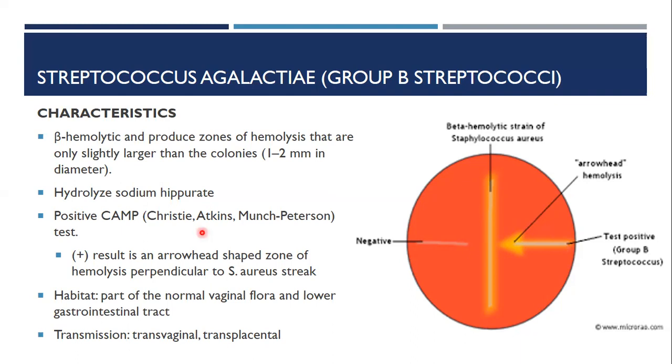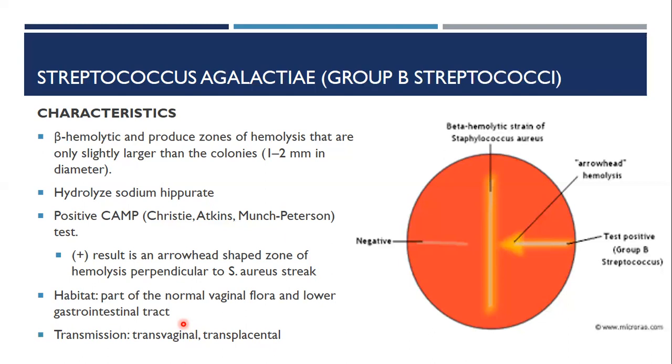Another test is that it's also positive for sodium hippurate, meaning it hydrolyzes the substrate sodium hippurate. It's actually normal vaginal flora and is also found in the lower gastrointestinal tract. Being normal flora in the vaginal tract, what's the significance?